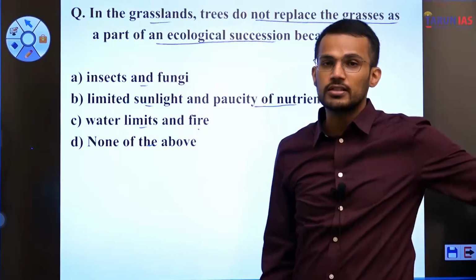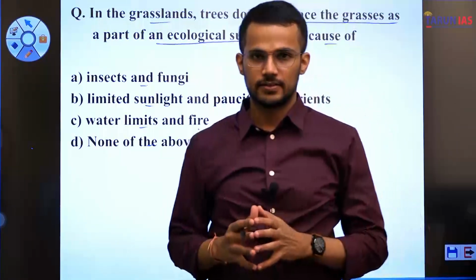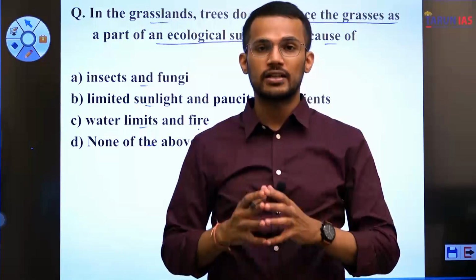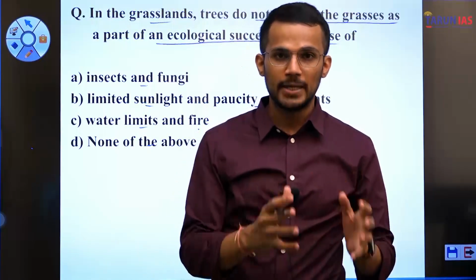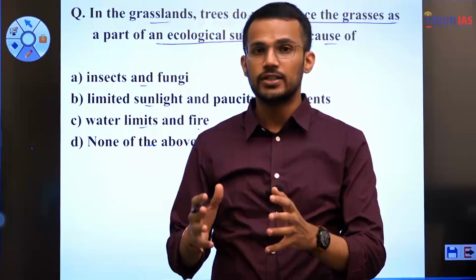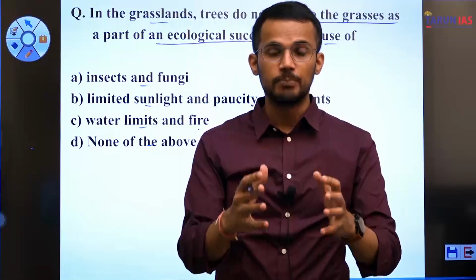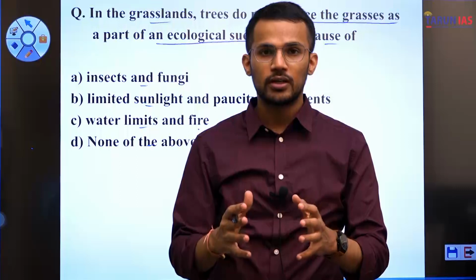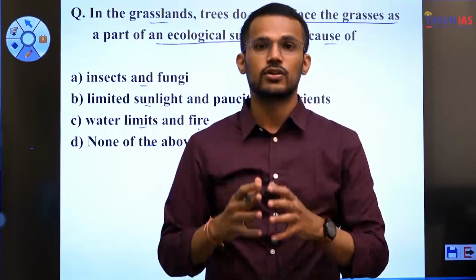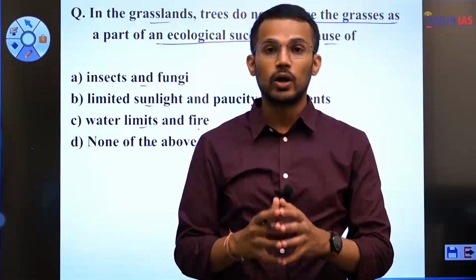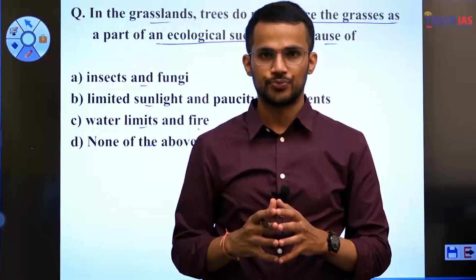So this question is about grasslands, and it is giving us a hypothetical condition based upon which it is asking us why trees won't be able to replace grasses in grasslands if ecological succession occurs. So first of all, let us define what is ecological succession.